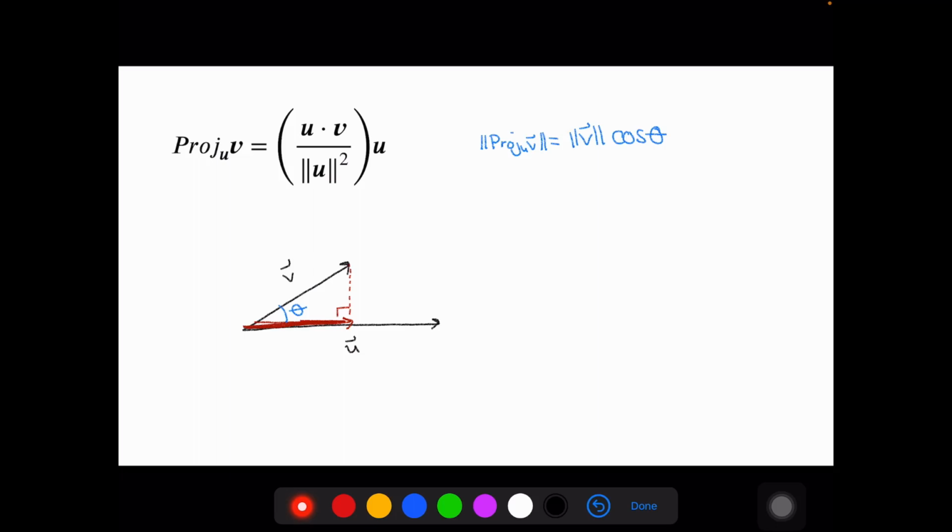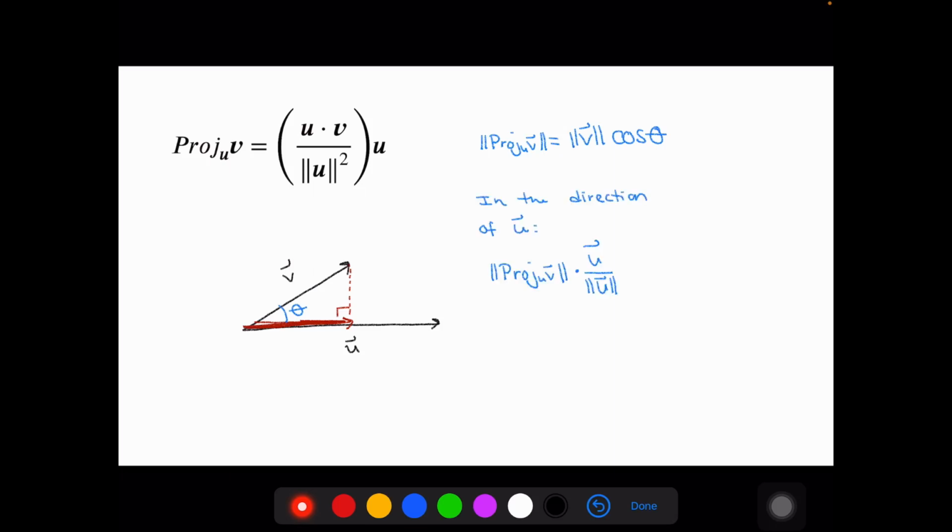Using trigonometry, just SOHCAHTOA, I know that the length of my projection, the length of that arrow in red, is equal to the length of vector v times cosine theta. That comes directly from SOHCAHTOA. Cosine theta is adjacent over hypotenuse. So the magnitude of my projection is the magnitude of v times cosine theta.